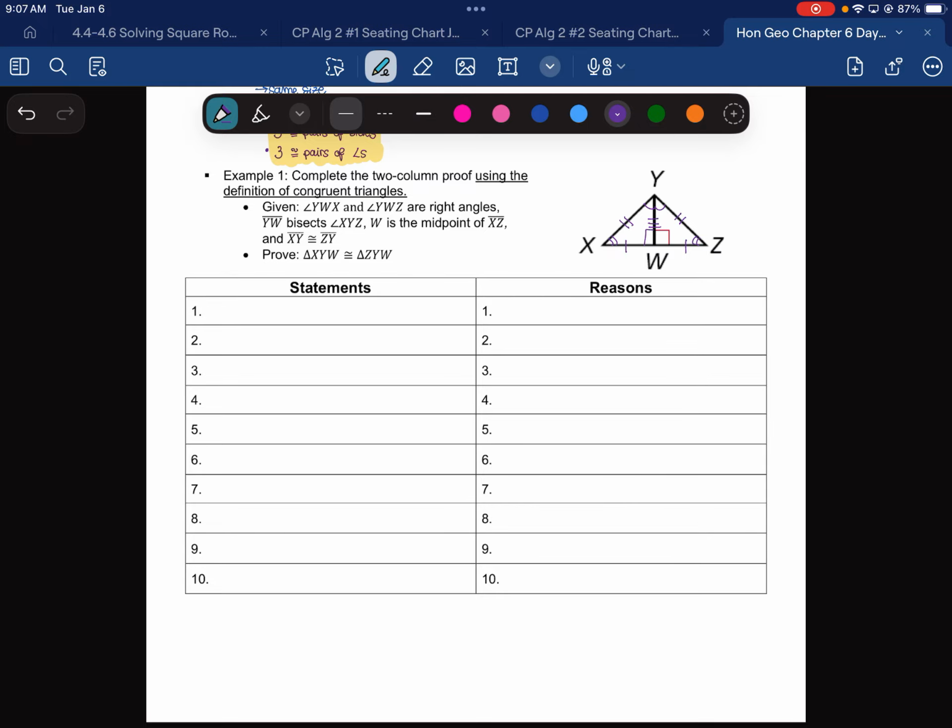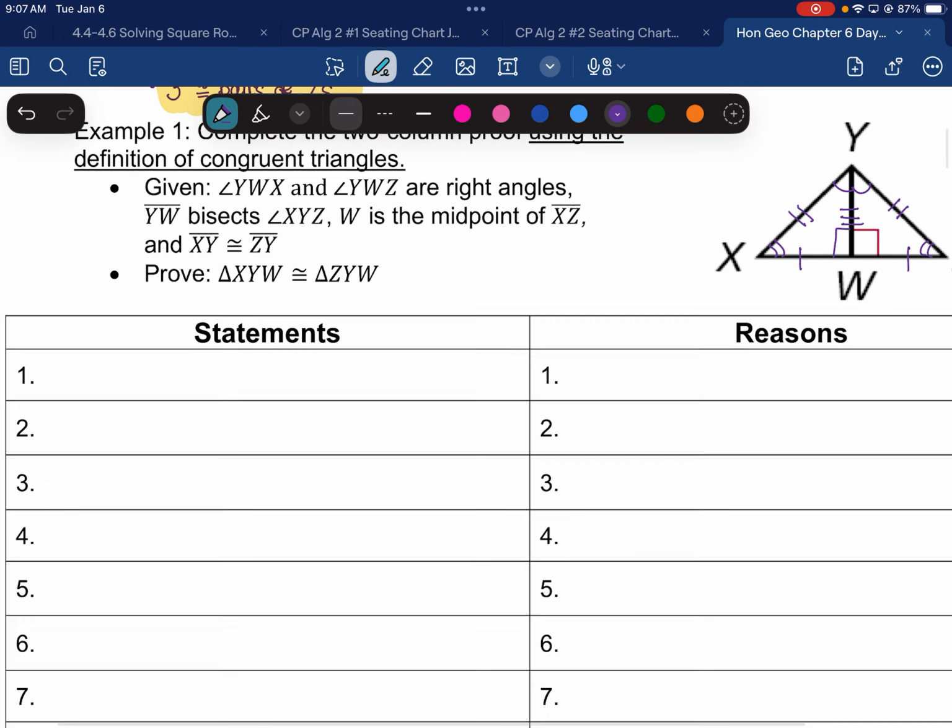But what I would recommend is, I told you this first given information doesn't say this is congruent to that, right? So what I would do is put that first piece of given information in box 1. It's given. But then what did that help you go mark on your picture? I would put that immediately after. Like, what information did you pull from that? Does that make sense? Okay. So that's what we're going to do.